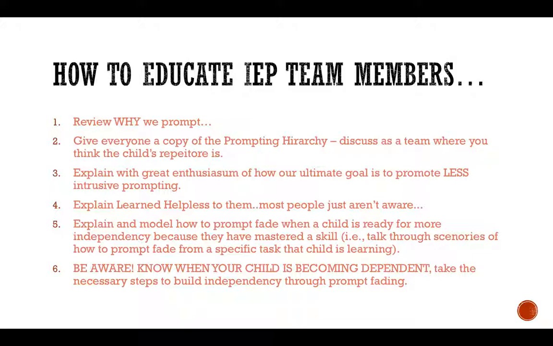Number 5, explain and model how to prompt fade when a child is ready for more independence because they have mastered a skill. Talk through scenarios of how to prompt fade from a specific task that child is learning. Last one, just be aware. Know when your child is becoming dependent. Take the necessary steps to build independence through prompt fading.